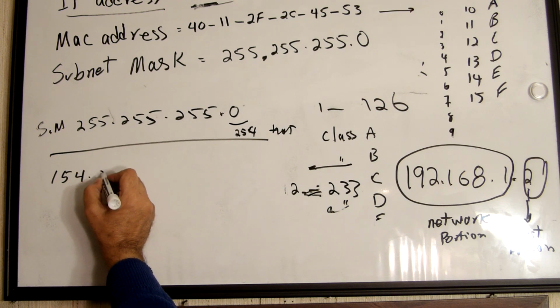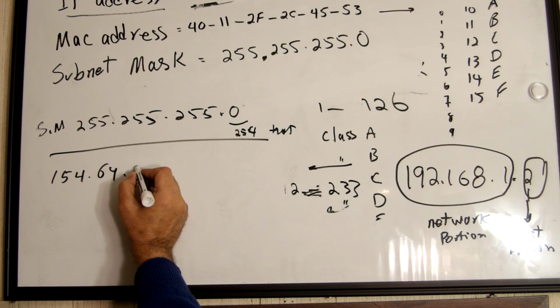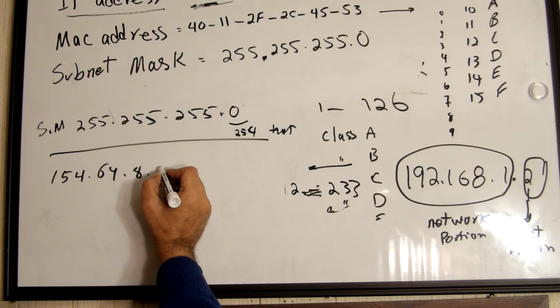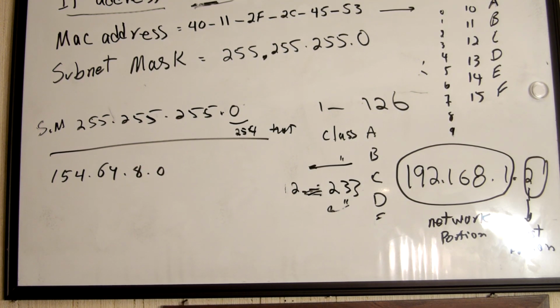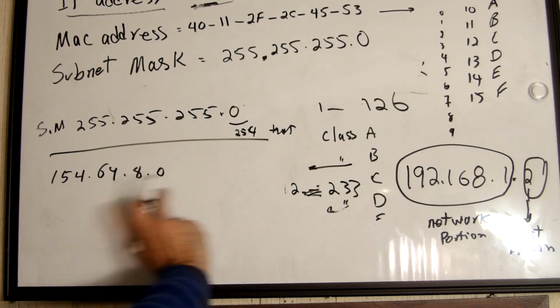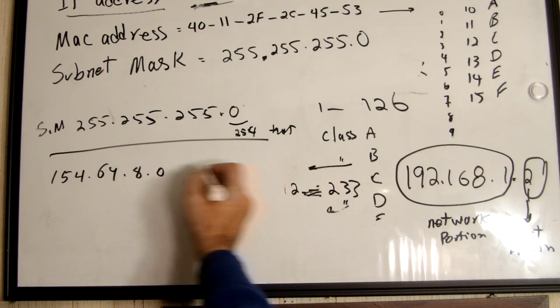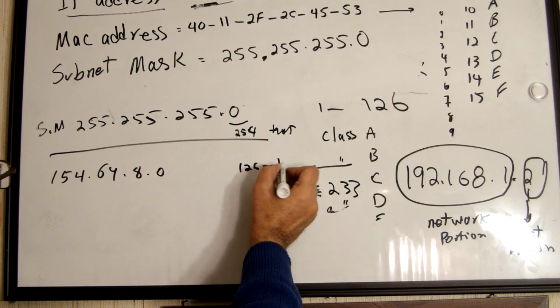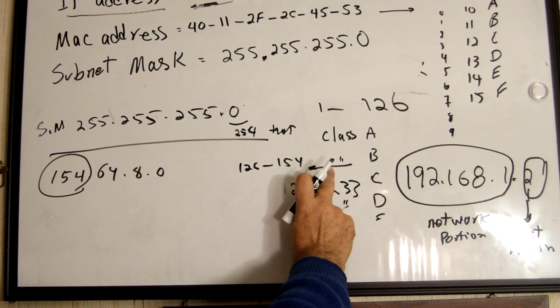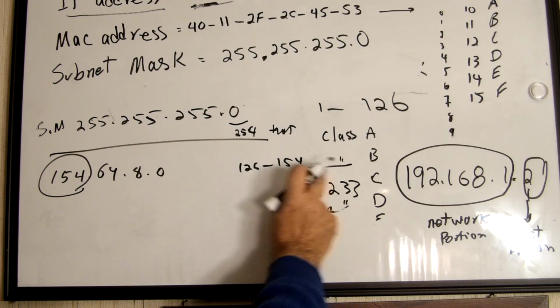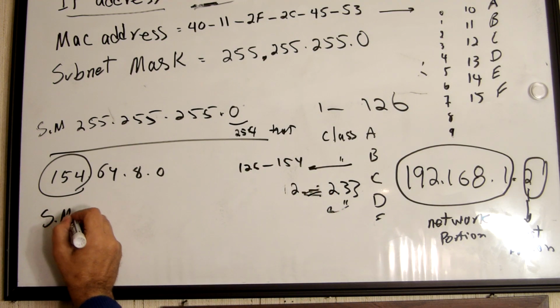Like if another IP address started with 154.64.80, this is the network address. This is what it should be in class B, from 126 to 154. If the first number belongs to class B, what is the subnet mask of class B?